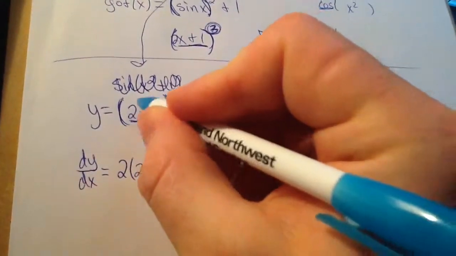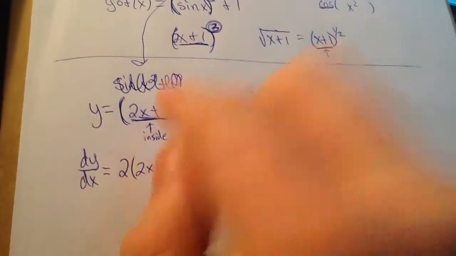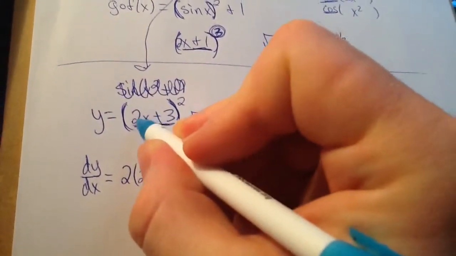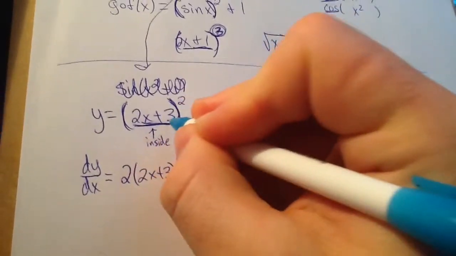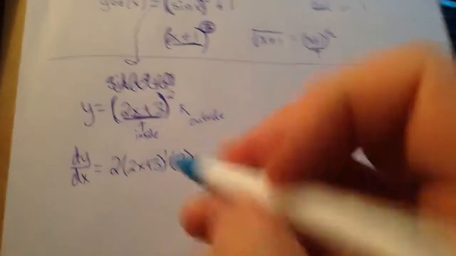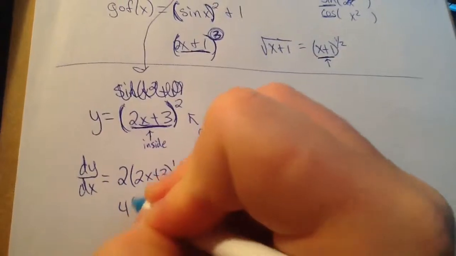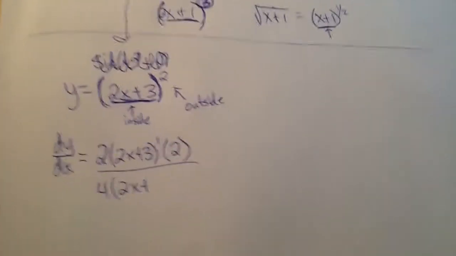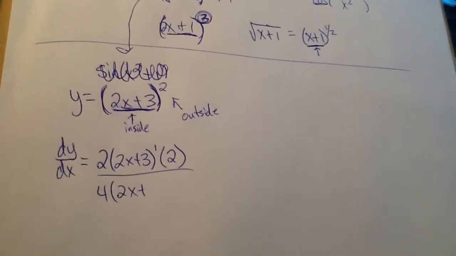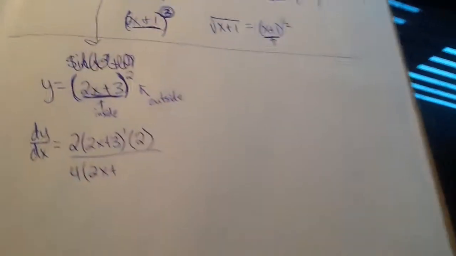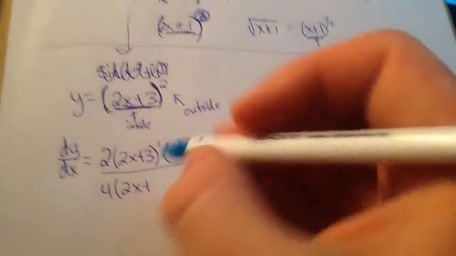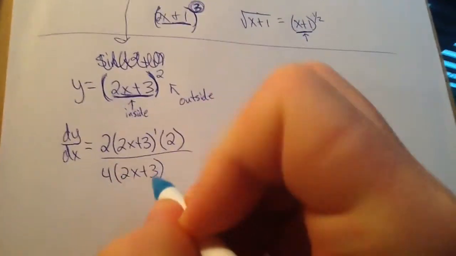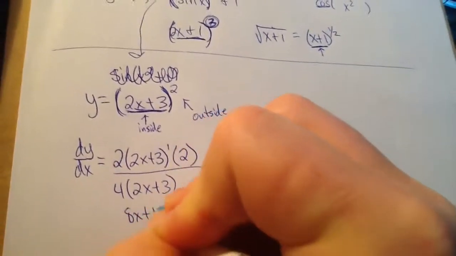Now I just have to multiply that by the derivative of the stuff on the inside. On the inside we have 2x plus 3, derivative of 2x is just 2, derivative of 3 is nothing. 2 times 2 is 4. After this, you've done the derivative. After that it's just simplifying, multiplying things together. So 2 times 2 is 4, and then distributive property would be 8x plus 12, and you'd be done.